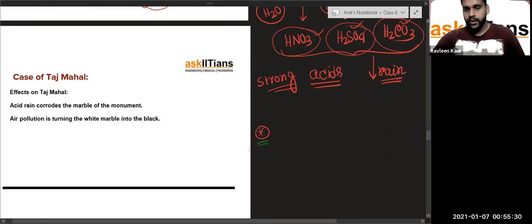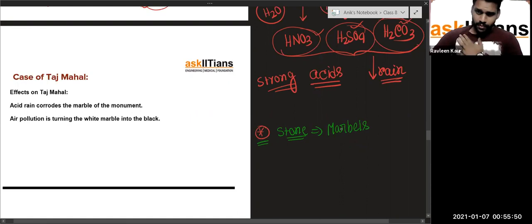Now, the thing is, look, the Taj Mahal is made up of stone, or I should rather say marble, which is a more sophisticated word. These marbles have a chemical formula.